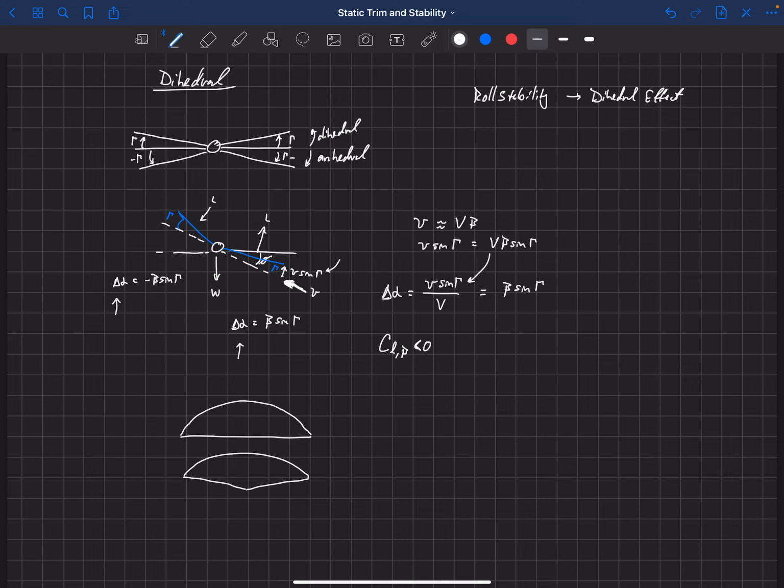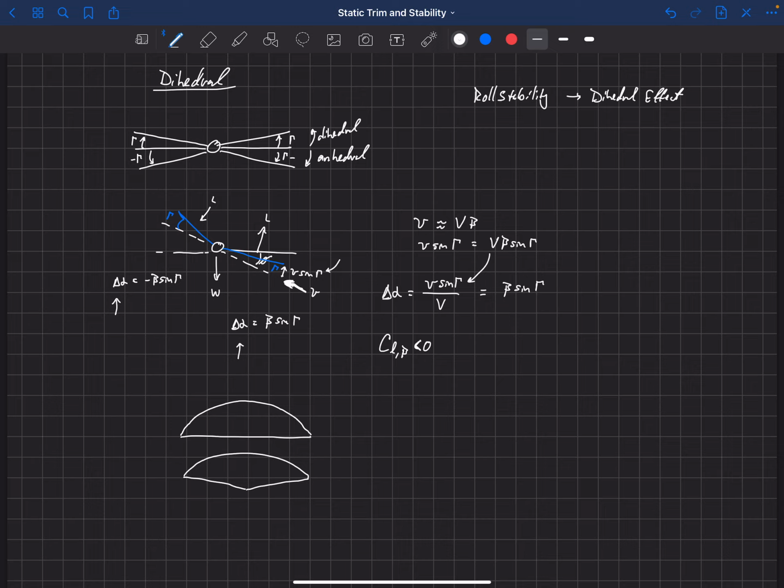And it's not going to significantly impact the other design decisions that you've made because the aerodynamics are not significantly impacted by dihedral. So that makes it kind of an attractive choice that can be used later on in the aircraft design process to give you the roll stability that you're really looking for.